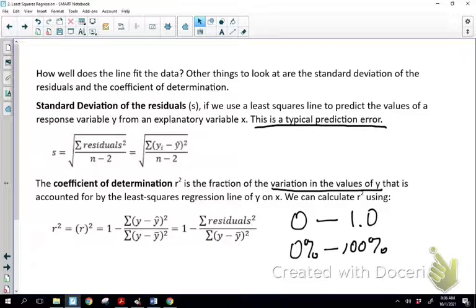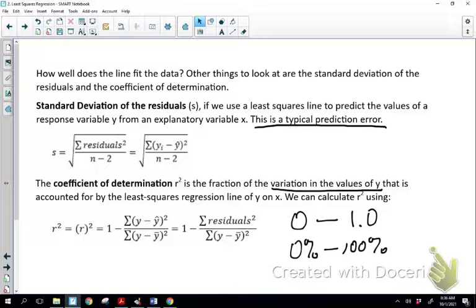So the higher it is, the better the job the linear model is doing, the better the job that best fit line is doing at explaining each y. So it really is kind of like a grade. R itself is measuring how strong the linear relationship is, and when you square it, it becomes a percent, a grade, how good of a job it's doing.